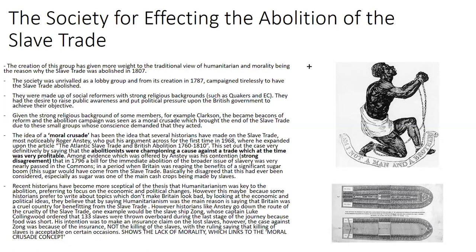By using events like the slave ship Zong to get people to realise just how cruel the slave trade was, their religious actions were always in the backdrop, but the fact that they were trying to get people to realise how cruel the slave trade was is really important to the overall abolition. Some historians believe, others totally discredit it.